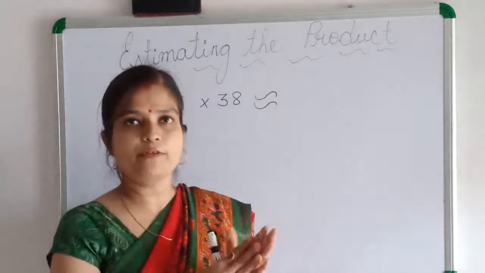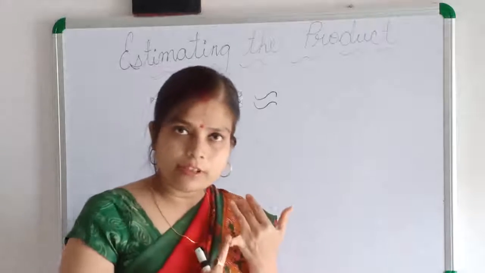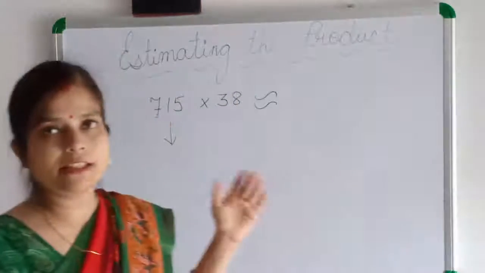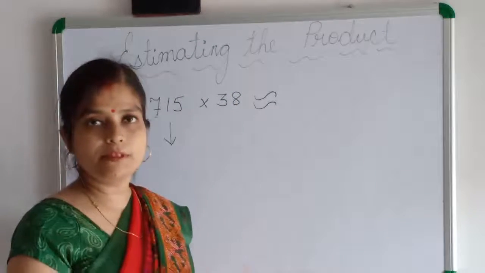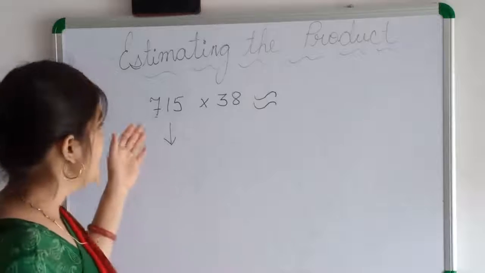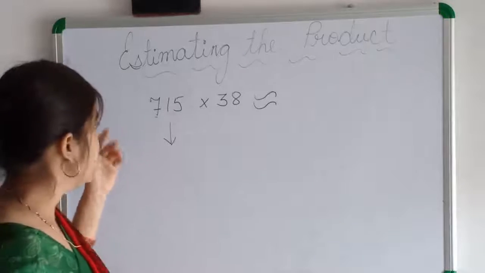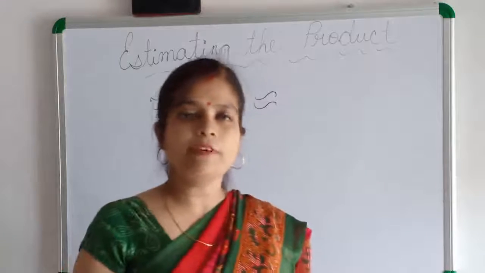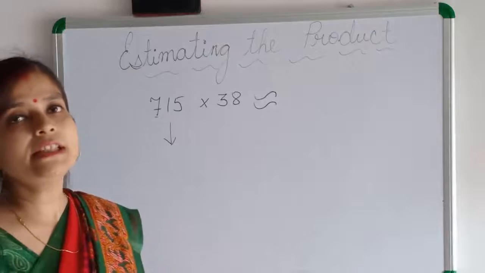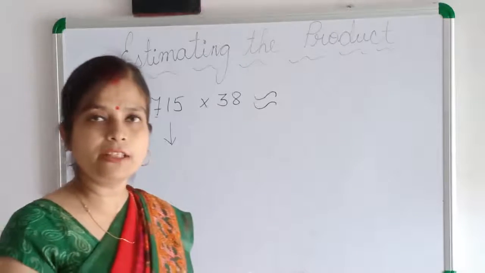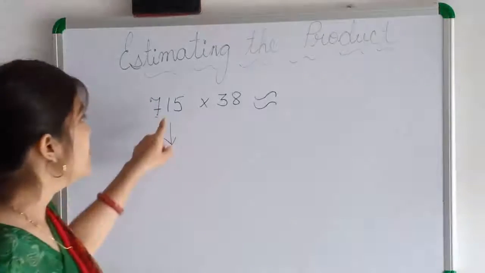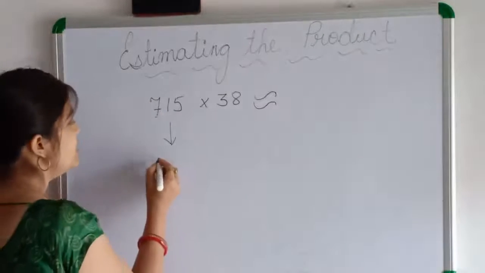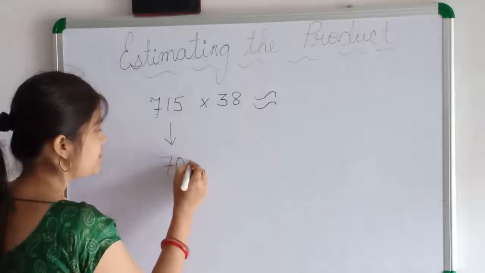Only 3 things we have to find. If it is less than 5, we will not increase the number, so the number will be as it is. But if it is equal to 5 or more than 5, then the number will increase by 1, means we will add 1 to that number. Here 1 is less than 5, no need to increase the number. So it will be 700 only.